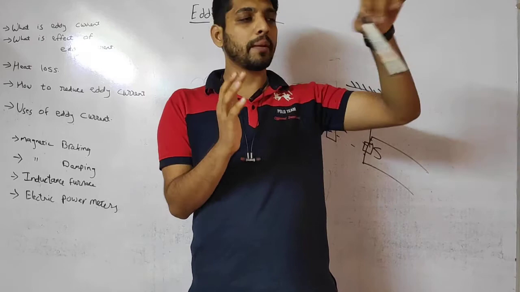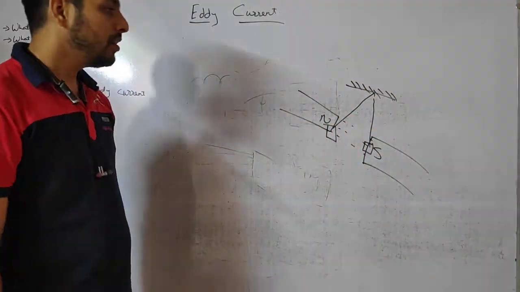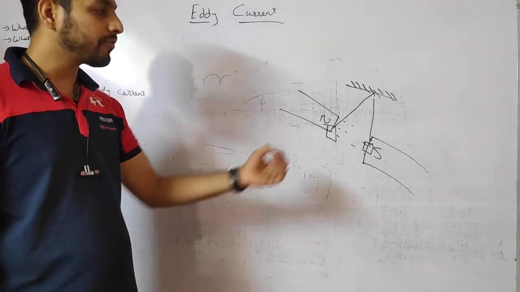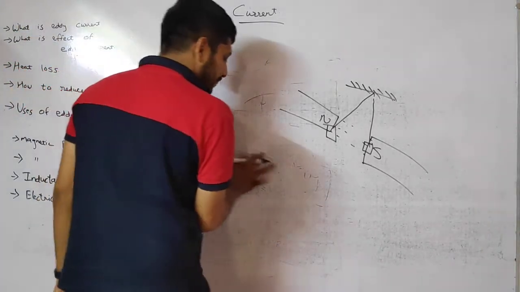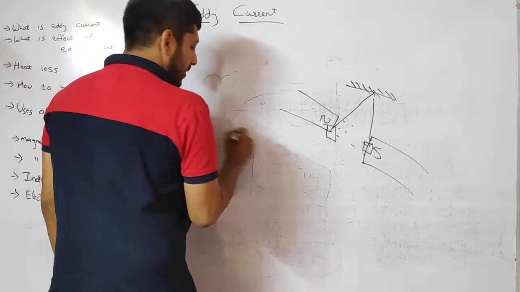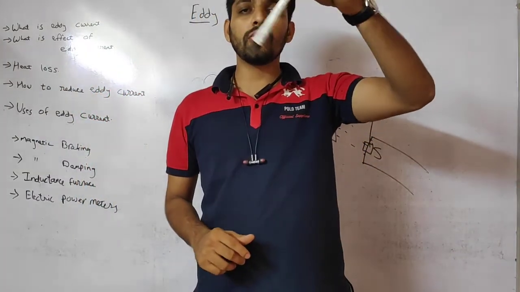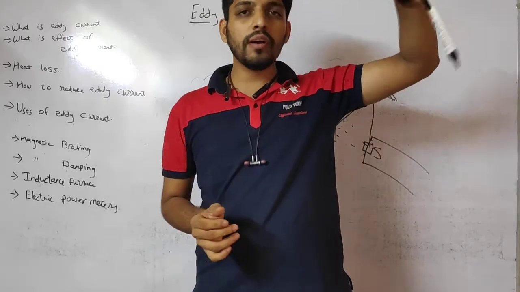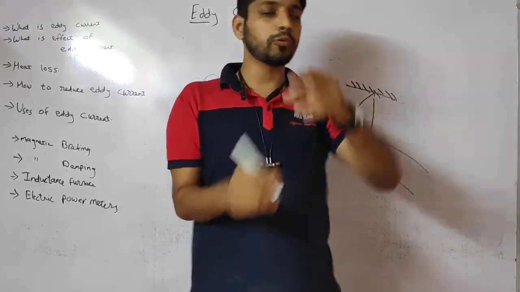If it moves like a pendulum, it will cut the magnetic field lines in between. So when it cuts the magnetic field lines, there will be some amount of current induced in it, due to induced EMF. Suppose the pendulum is moving in this direction. In the absence of any external force, if I have given a rotation from over here, it will take some time to reach the stable position.